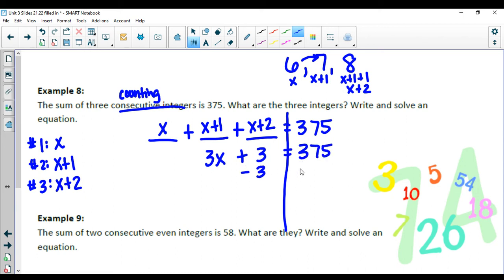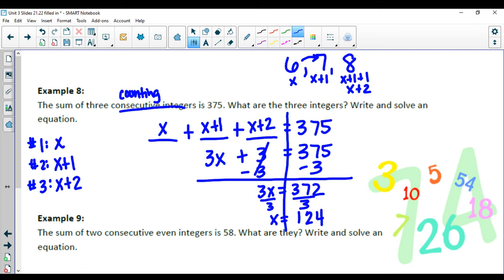So I could subtract 3 on both sides, cancel. So I get 3x equals 372. And then I'm going to go ahead and divide by 3. And x is going to equal 124. So if my 3 integers start at 124, you're just doing counting integers.